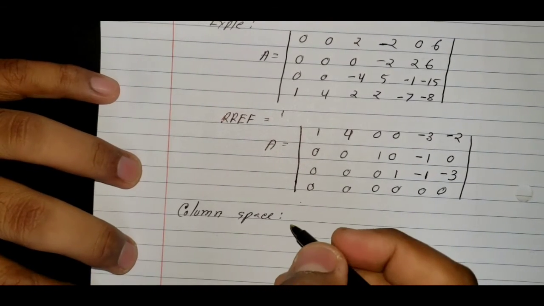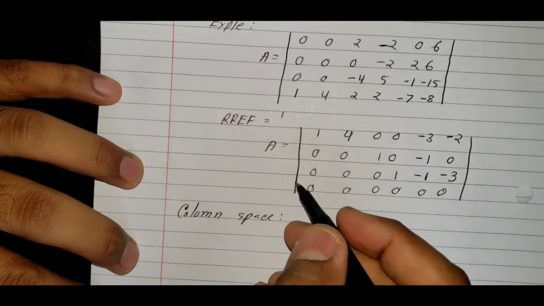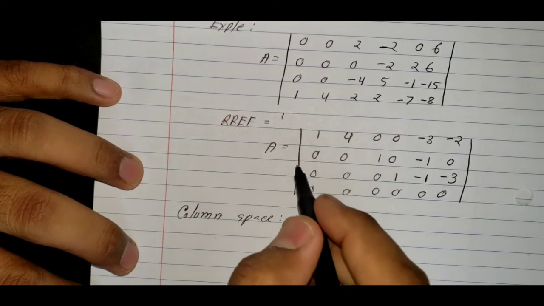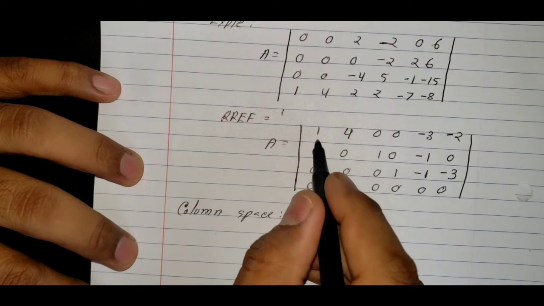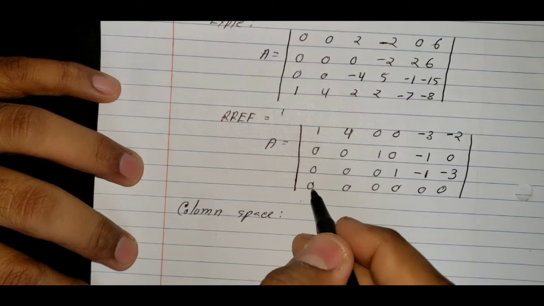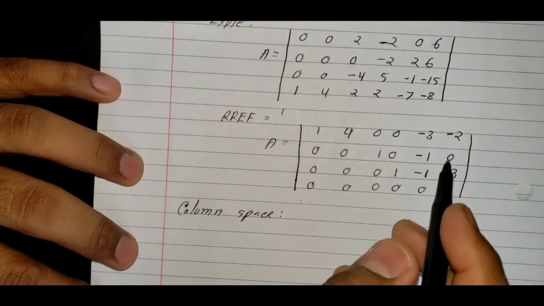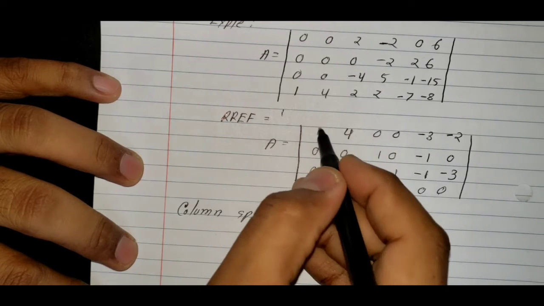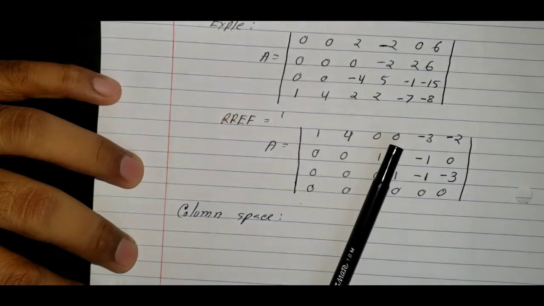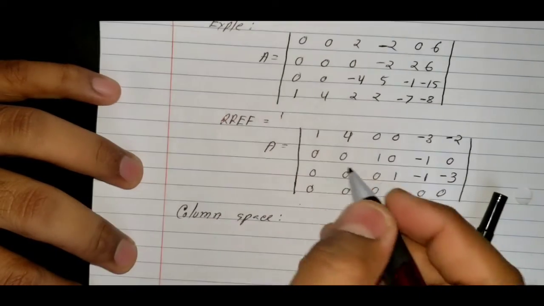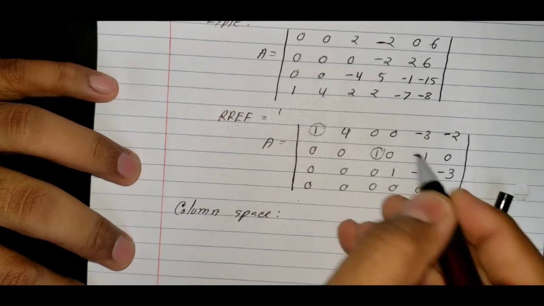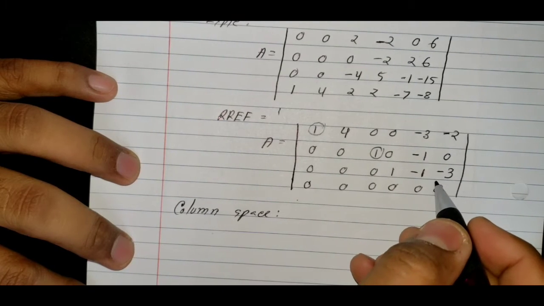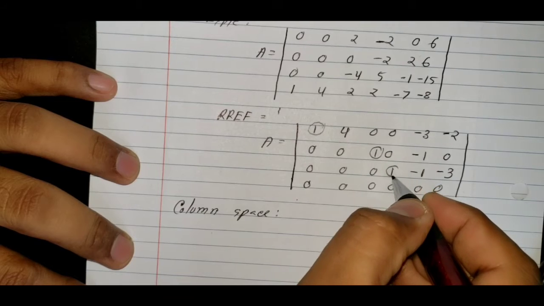The column space of a matrix is basically the columns which have a 1 and all zeros down. Okay, so you have 1 here, you have 1 there, and you have 1 here.